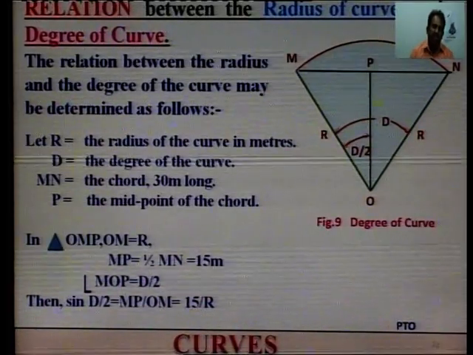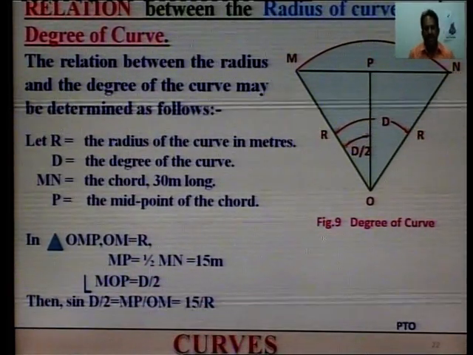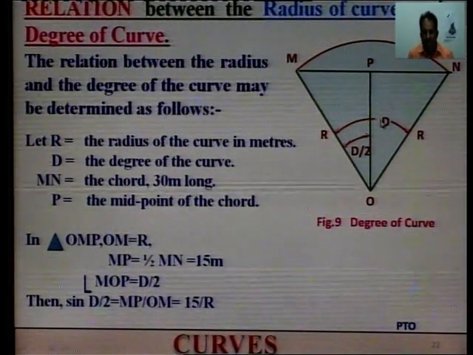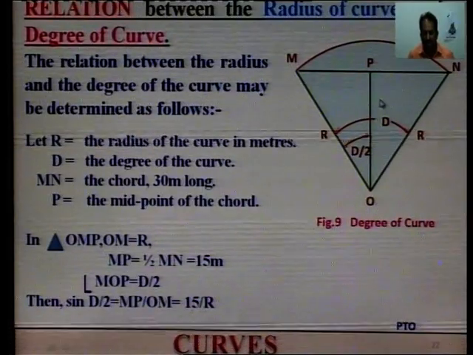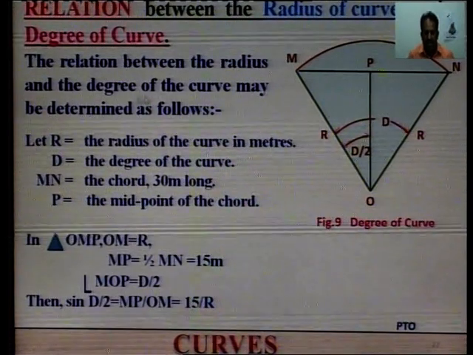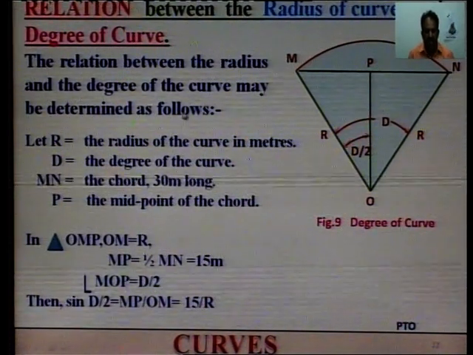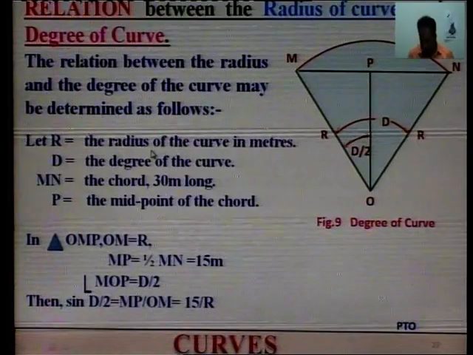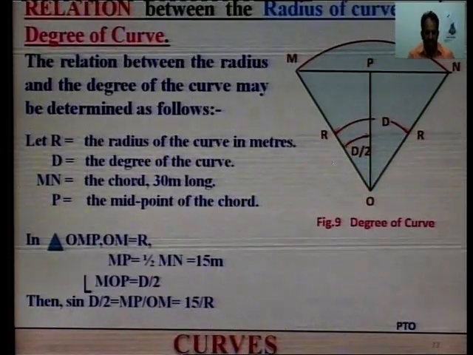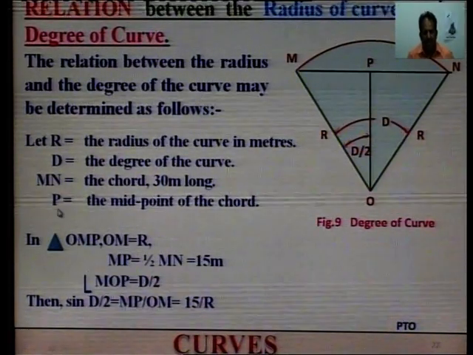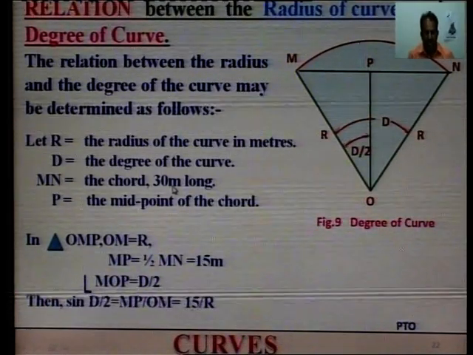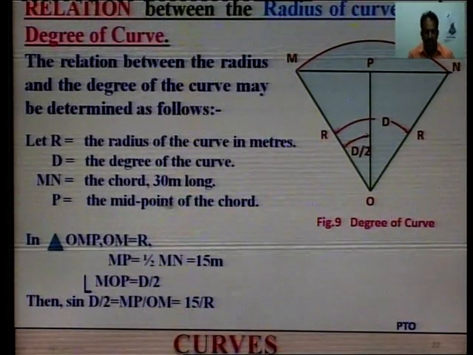What is the relation between the radius of the curve and the degree of the curve? On the screen, the radius, the degree of the curve, the length of the long chord and an arc are shown. The relation may be determined as follows. Let r be the radius of the curve in meters, d the degree of the curve, MN the chord which is 30 meters long, and P the midpoint of the chord.